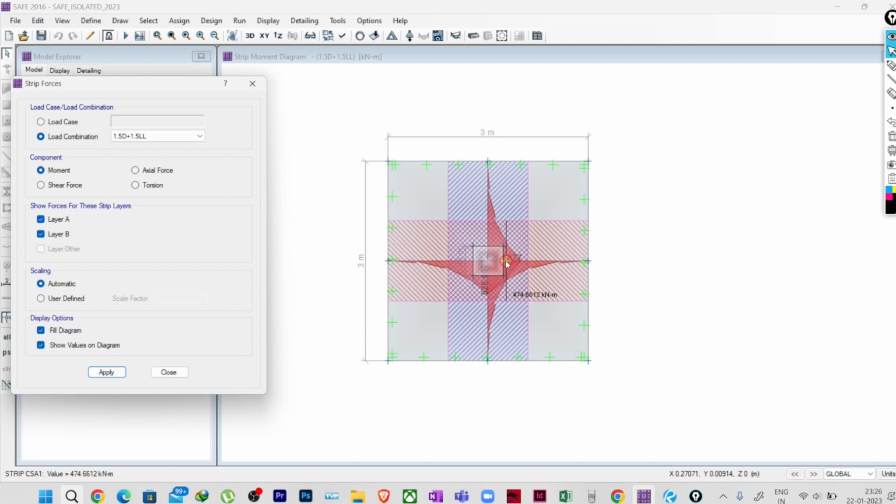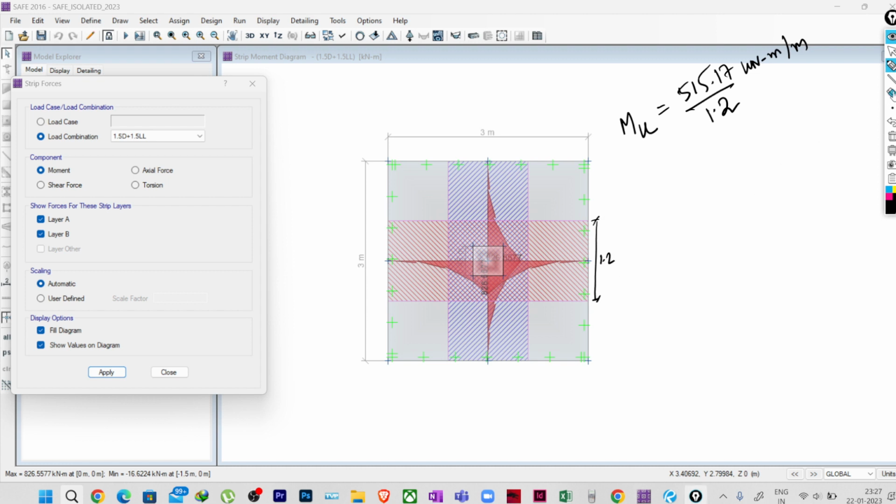So in both directions, as the values are same, I am considering in both directions a Mu of 515.17 kilonewton meter, and it will be divided by 1.2 because the strip width is 1.2, right?